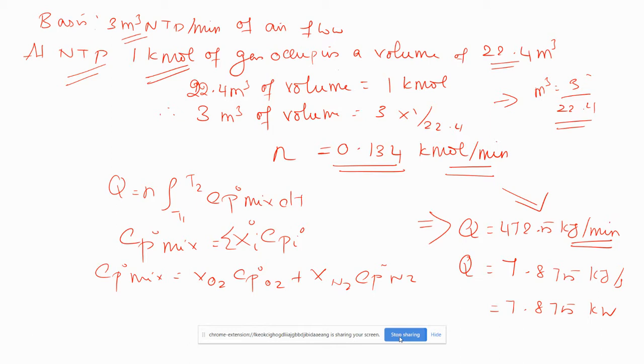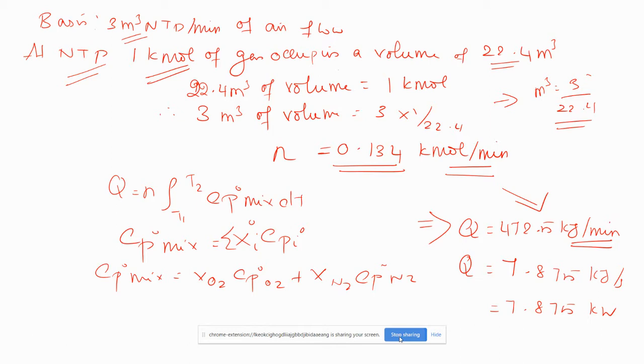Here they had given only one gas, Cp naught m of NH3, so we directly substituted in this formula. But the difference in this problem is Cp naught m of three different gases at each temperature. So this we will get as mix 2 and this as mix 1, because this is T1 minus T0 and this is T2 minus T0.